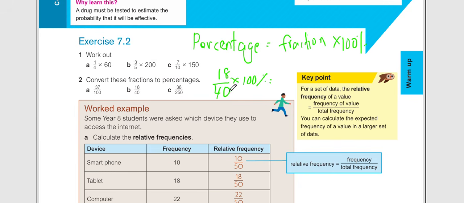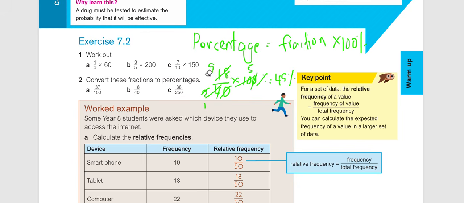So what's the value here? 1 0 we can cut from here. Then how many 2s are there in 10? Here 5, here 2, and here I can divide this by 2 again, and here 1. So 9 times 5 is 45%. Is that clear? Right. Now for the last one, there is a bit of calculation.